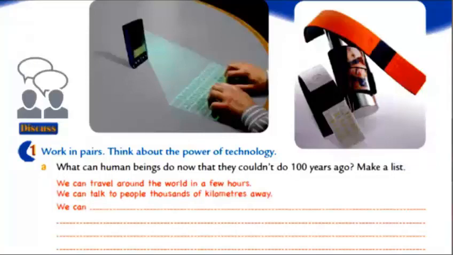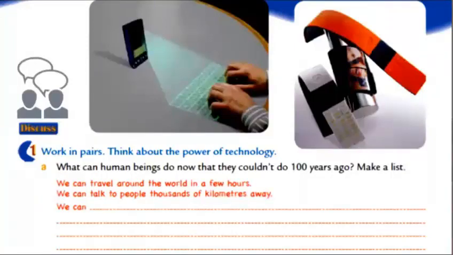Now you have to work in pairs and think about something which we can use now and our grandparents couldn't have or couldn't do ten years ago. Again, what can we do now that they couldn't do ten years ago? You have to make a list.